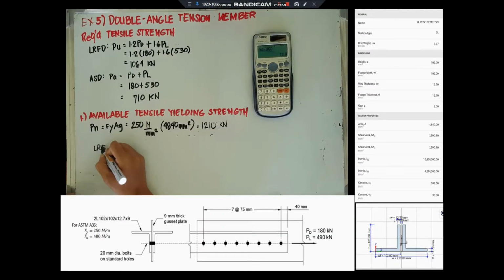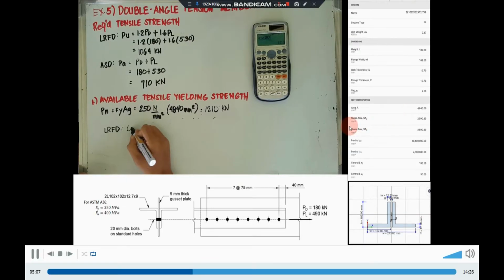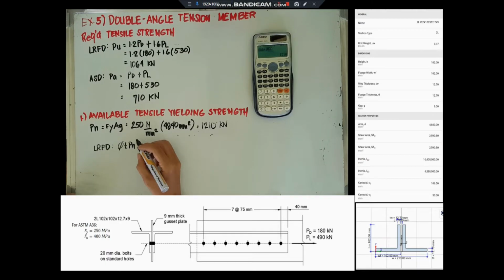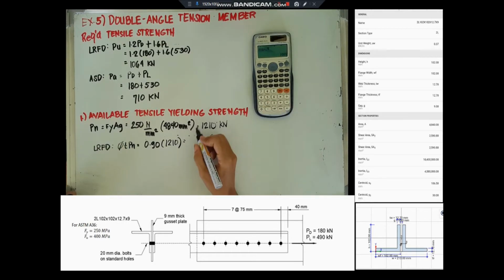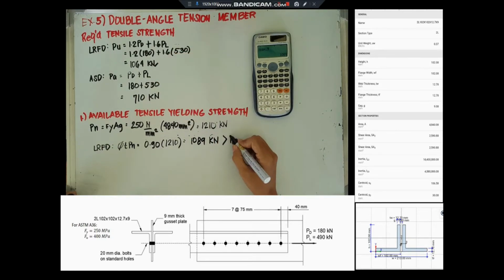So our Pn is 1210 kilonewton. Under LRFD, multiply it by 0.9. We got 1089 kilonewton. Compare it with LRFD. The required tensile strength is 1064, so it is greater. Okay.